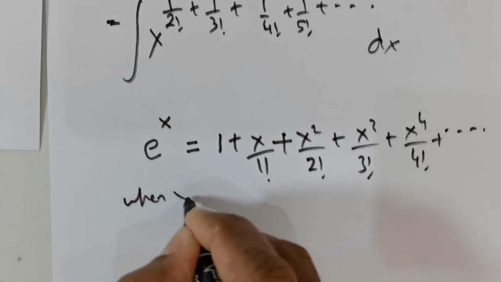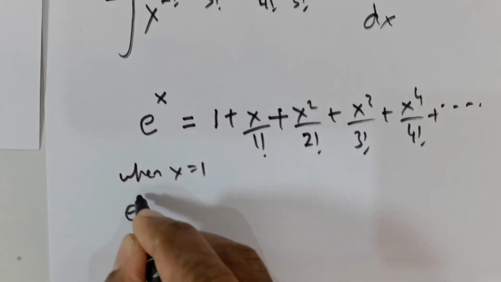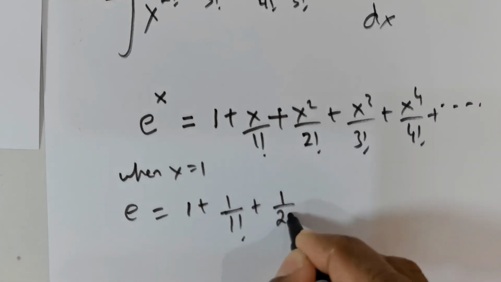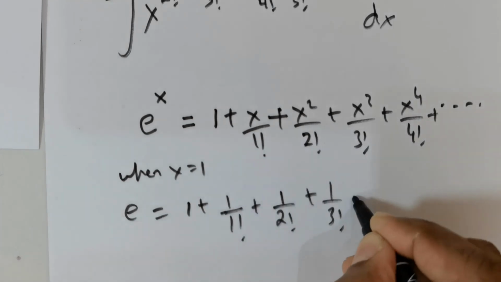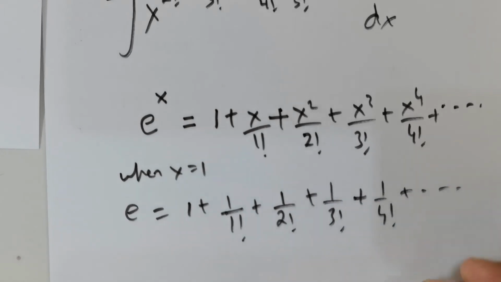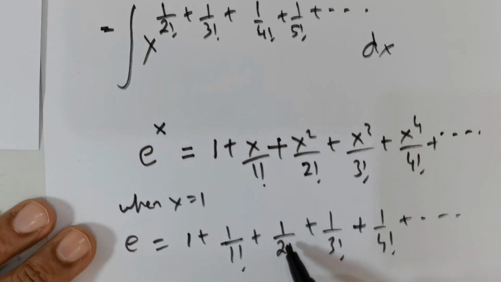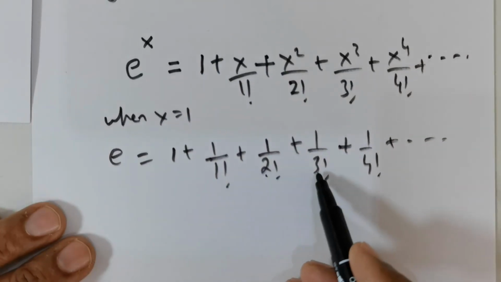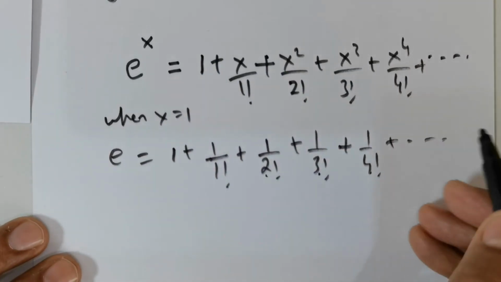Now when x is equal to 1, you get e raised to the power of 1 is equal to 1 plus 1 over 1 factorial plus 1 over 2 factorial plus 1 over 3 factorial plus 1 over 4 factorial plus etc. Right? Now we have 2 factorial, 3 factorial, 4 factorial, 5 factorial, etc.